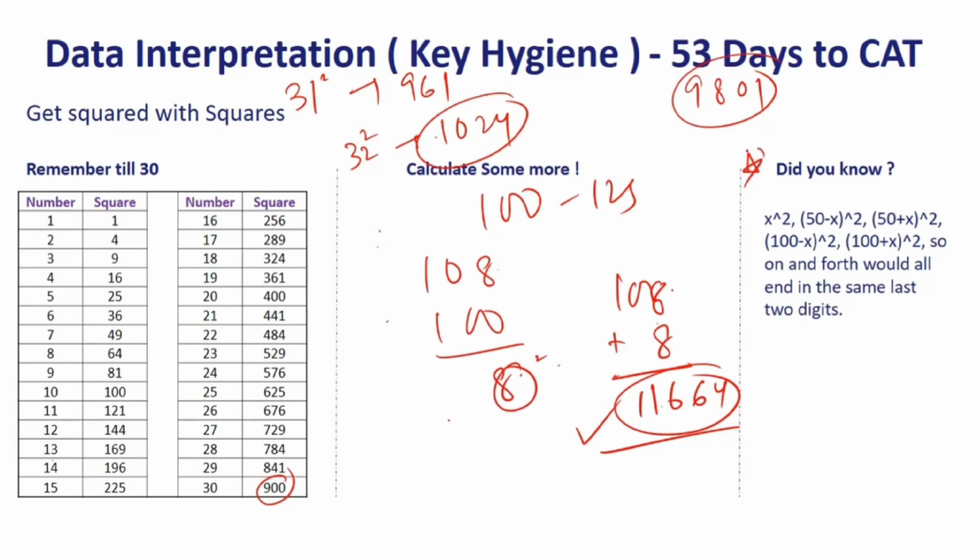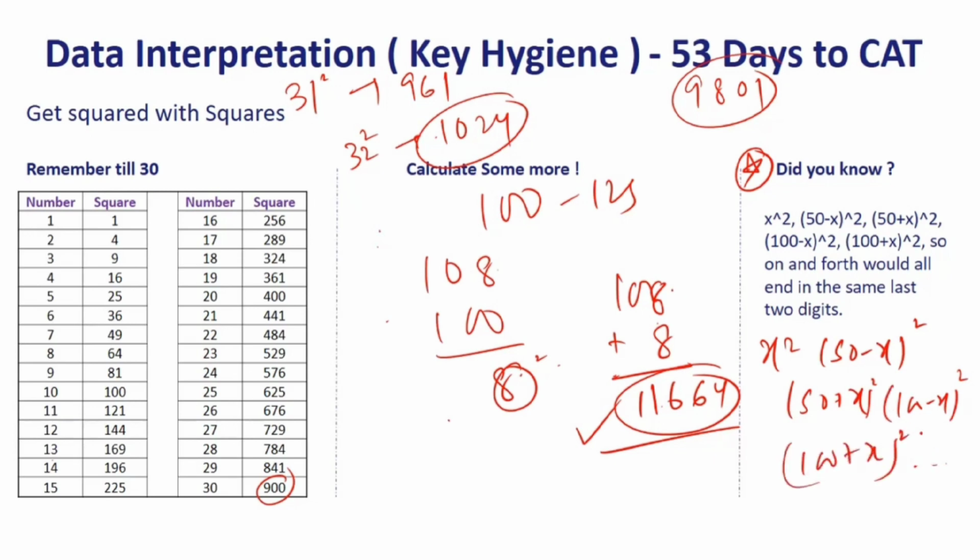Another interesting fact: for any number, x square, (50 minus x) square, (50 plus x) square, (100 minus x) square, (100 plus x) square, all these numbers end in the same last 2 digits. Let me ask you a very simple question. What is 2142 square divided by 100, and the remainder?